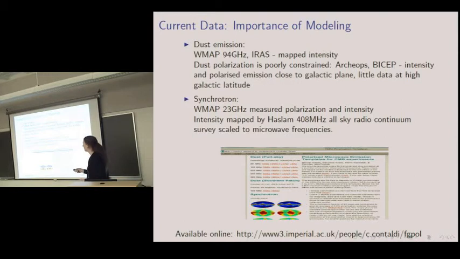And then for synchrotron, WMAP measured polarization and intensity at 23 gigahertz, and intensity was also mapped by the Haslam All-Sky survey at 408 megahertz. This shows the importance of modeling given the lack of data, although more data will be coming very soon. We've put templates on this website here from the dust model, and the synchrotron templates will be uploaded shortly for download.